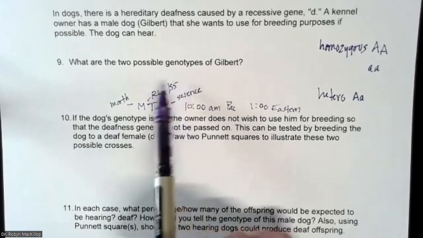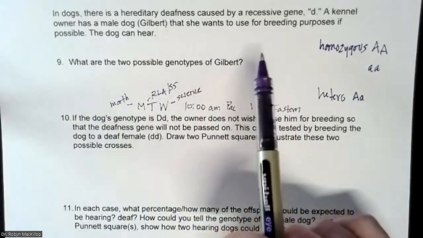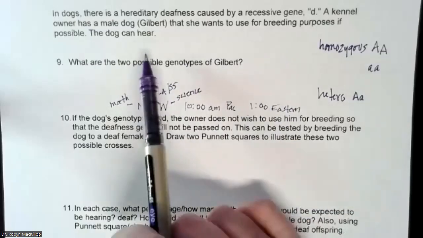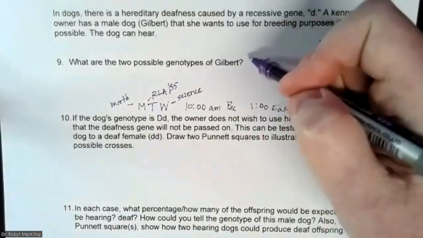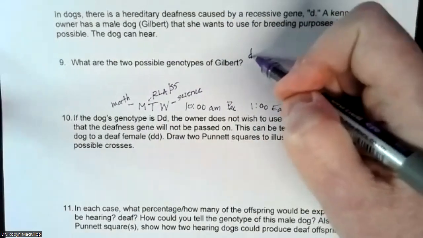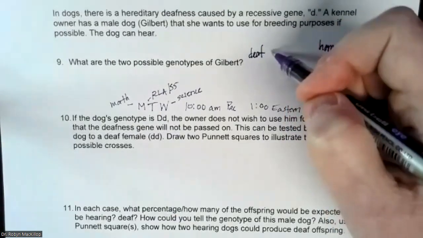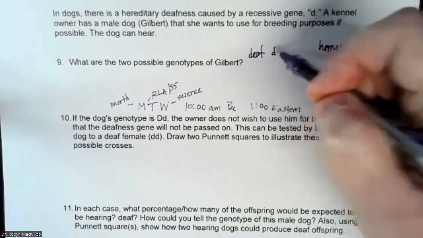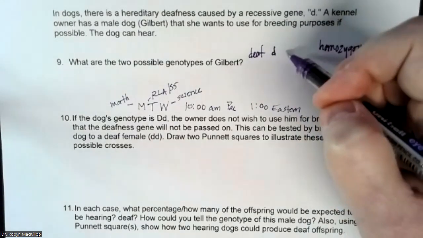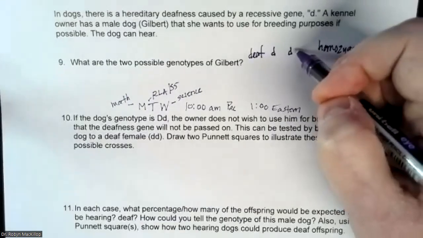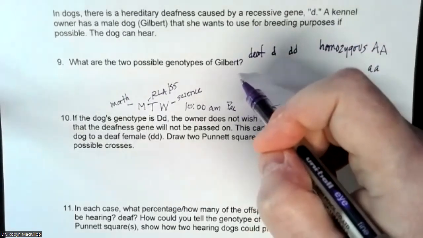So there are two possible genotypes Gilbert can have. He is a hearing dog, and deafness is a recessive trait. So to be deaf, you would have to have two little d alleles. Your genotype would have to be little d, little d. But Gilbert, this dog, can hear.